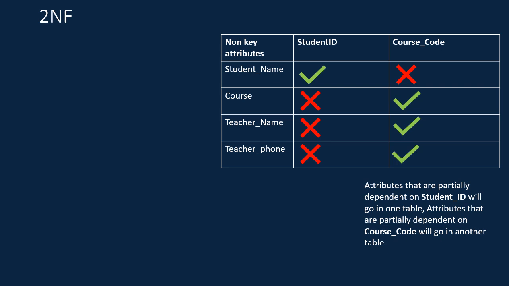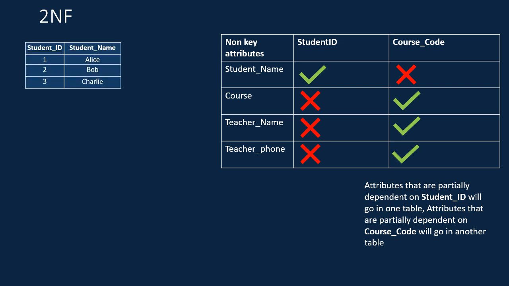Whereas course, teacher name, teacher phone are only partially dependent on the key because they're only dependent on the course code. So what we're going to do is attributes that are partially dependent on student ID will go into one table. Attributes that are partially dependent on course code will go into another table.